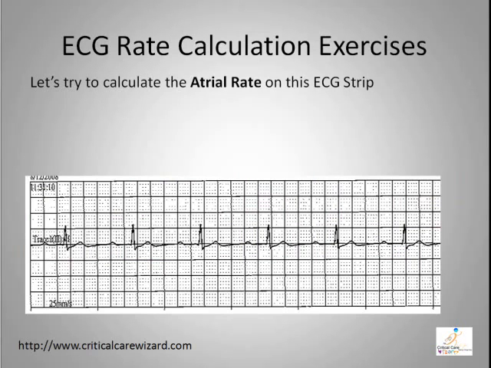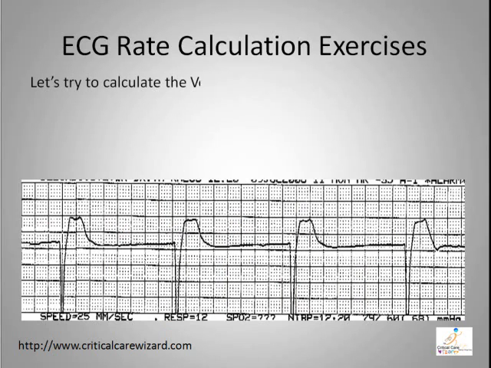Let's try to calculate the atrial rate on this ECG strip. Count the number of P waves in a 6-second strip. Number of P waves is 6, so the atrial rate is 60 per minute.